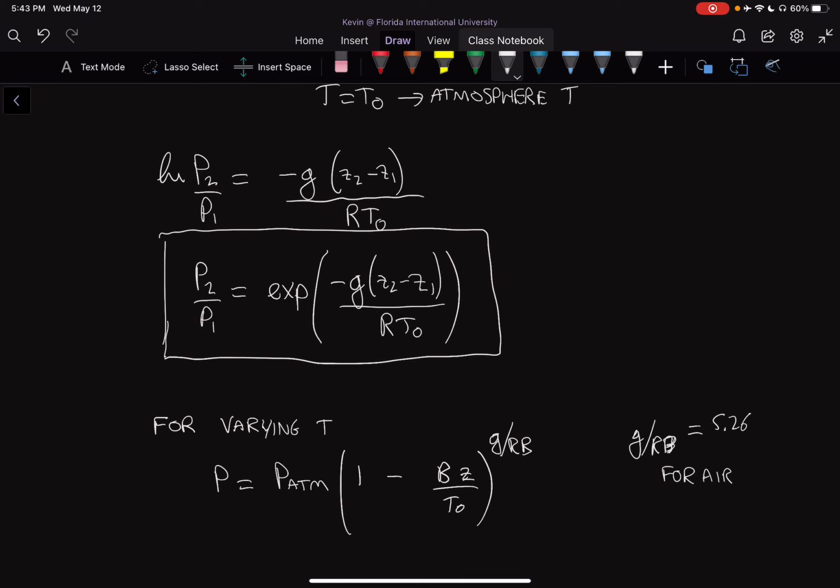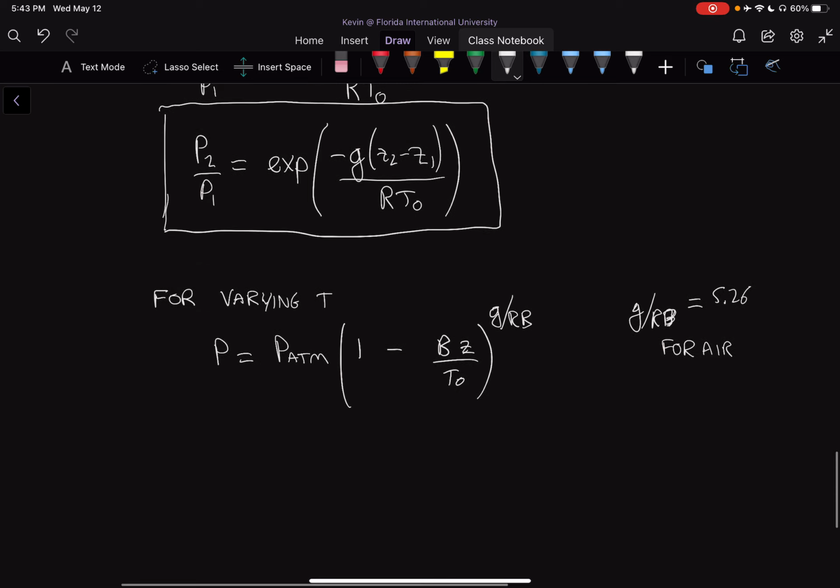We also have a term that is density equal to density 0, which is our atmospheric density, our standard density, times 1 minus Bz over T0, to the power of g over RB minus 1.